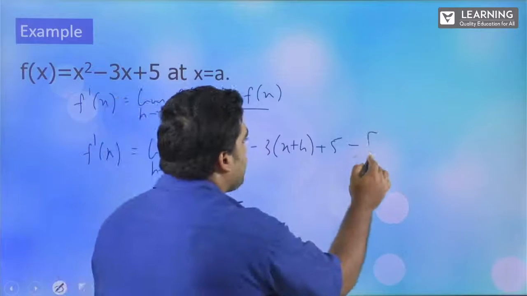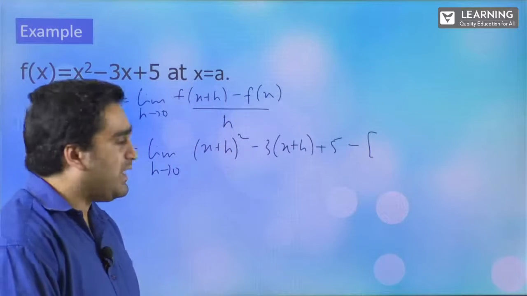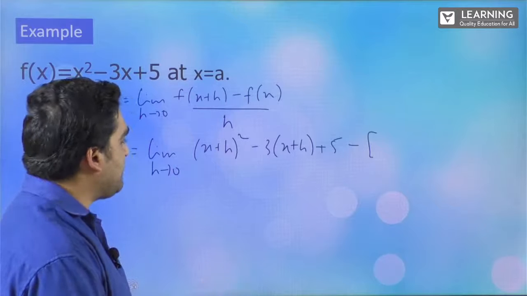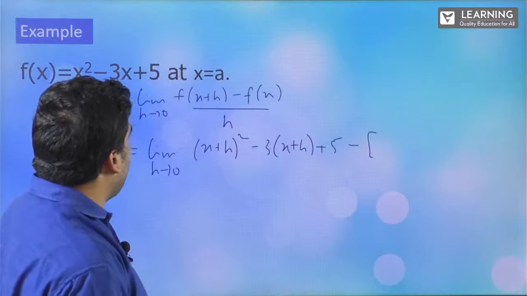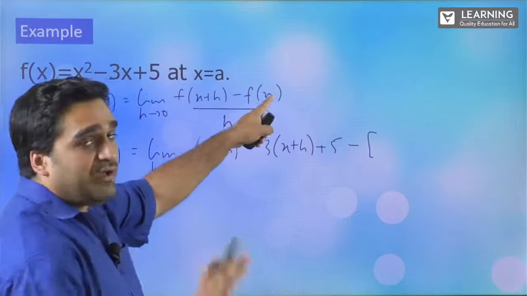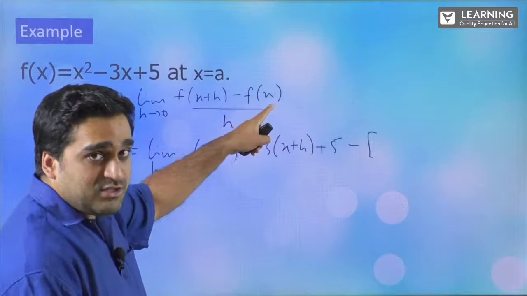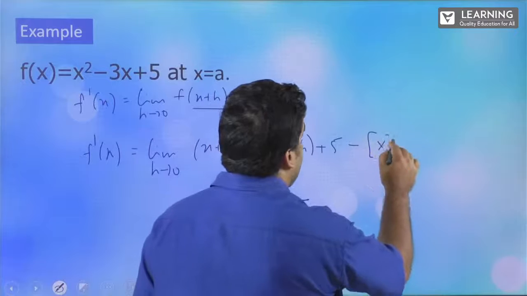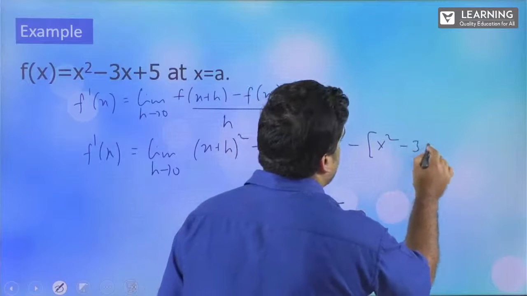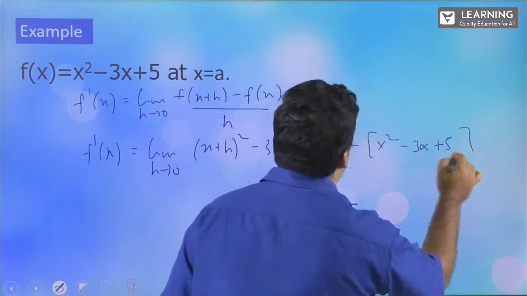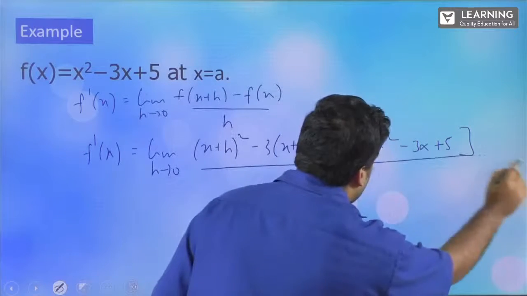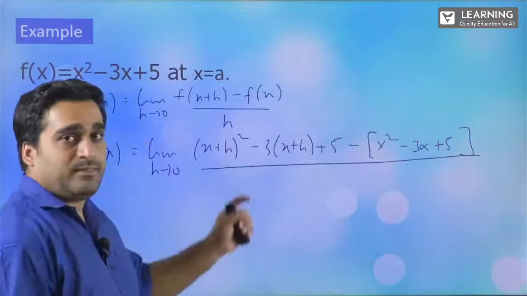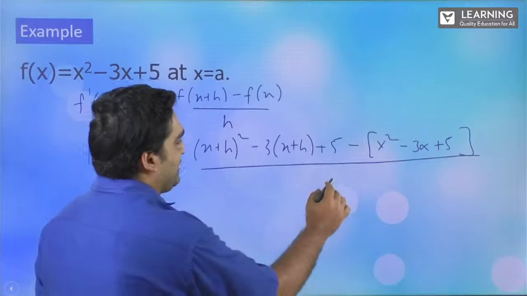I put a bracket so that we can conduct a sign multiplication at a later stage. And f of x, I don't have to add any other variable, so I write it as it is: x squared minus 3x plus 5, whole divided by h.